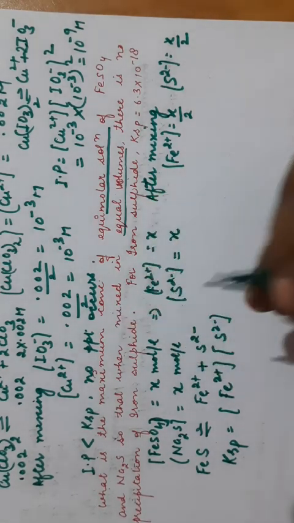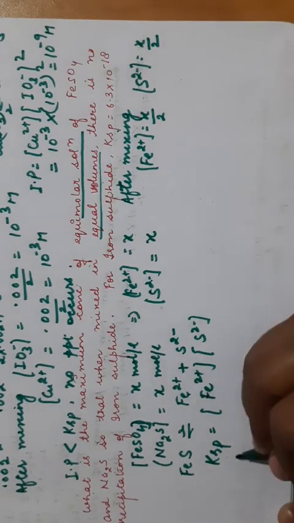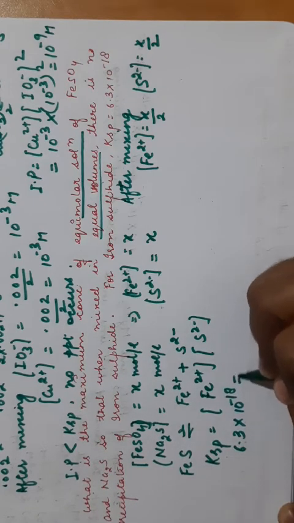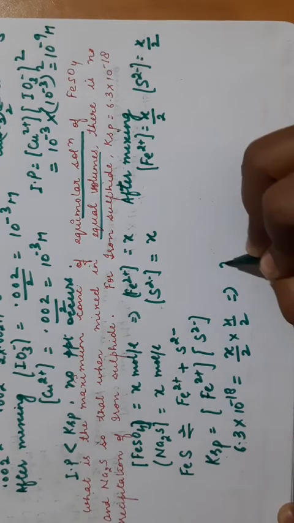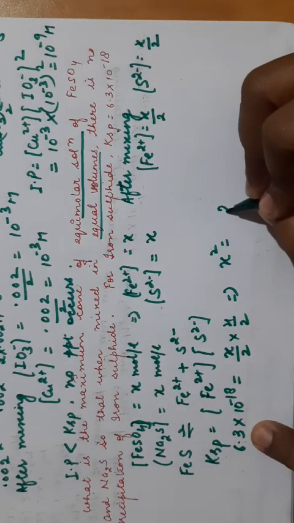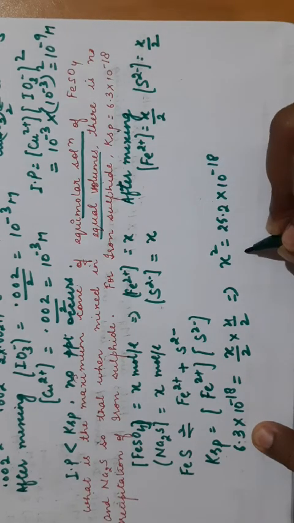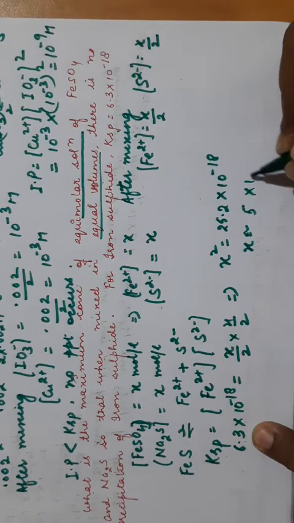See, the maximum concentration has been asked. The maximum concentration is at equilibrium, and equilibrium will define Ksp. So we can calculate the concentration from here. The Ksp value is given as 6.3 into 10 power minus 18. We will put the concentrations of these two, so we get x square by 4 is equal to 6.3 into 10 power minus 18, so x square is 25.2 into 10 power minus 18, and if you calculate the square root, it is approximately equal to 5 into 10 power minus 9.